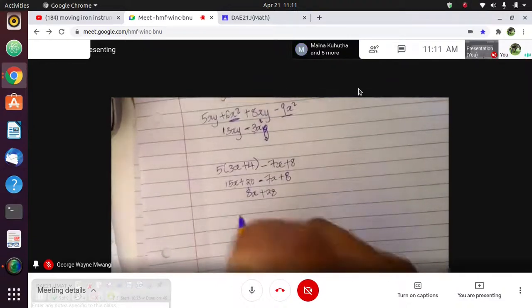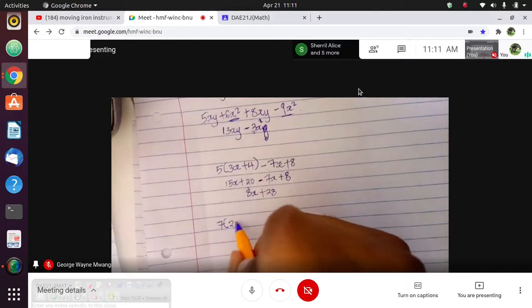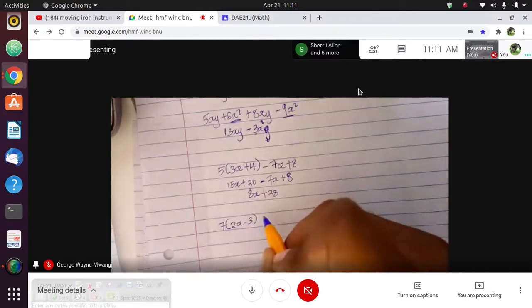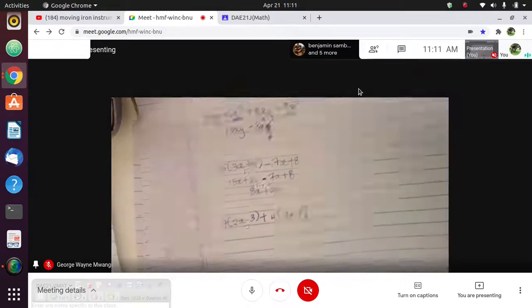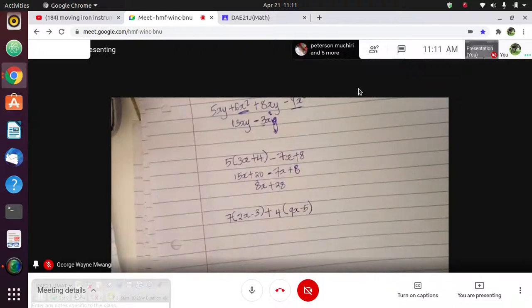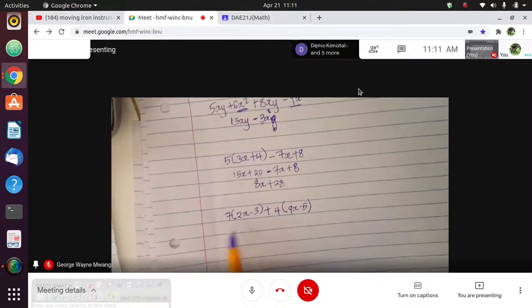Let us continue. Let us do this example. 7 into brackets 2x minus 3 plus 4 into brackets 9x minus 5. You've been given that and been told to simplify. What will be the answer? We open the brackets. Let us open the first bracket.